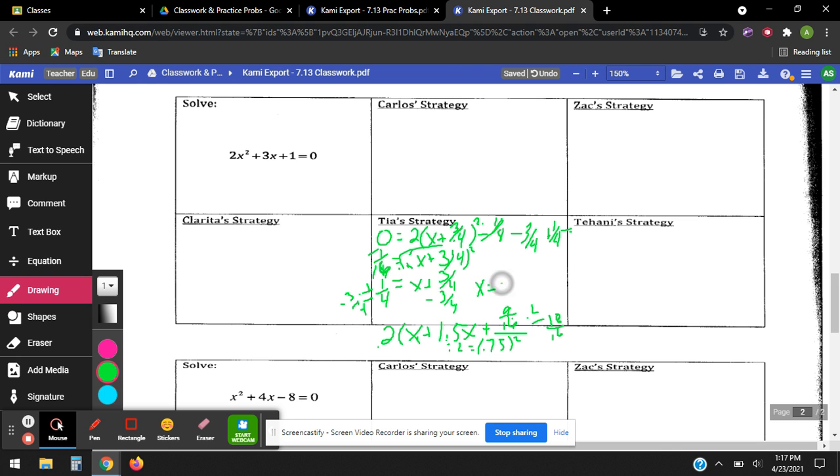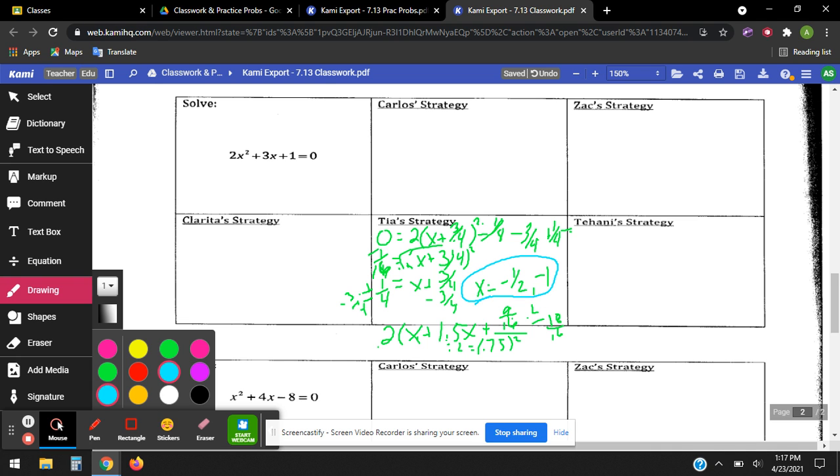So x equals negative 1/2. And if I do negative 3/4 minus 1/4, then I'm actually doing negative 1. So I'm going to get a different color in here so we can see our answer. It's a lot of work going on here.